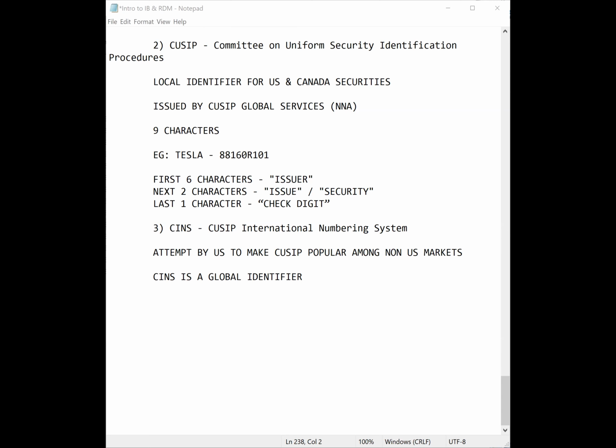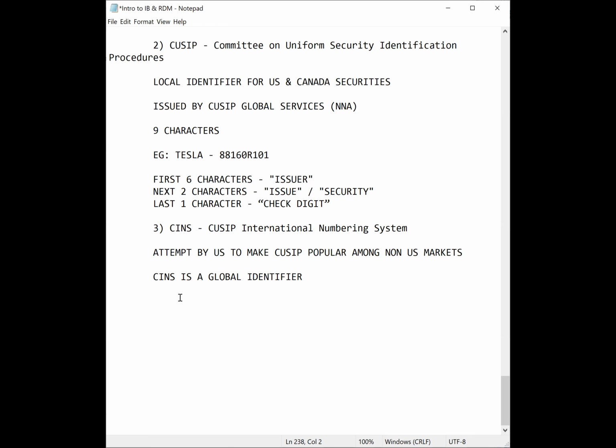It's a local identifier for that region, not for cross-border. CINS is a global identifier, originated in US as an extension of CUSIP.